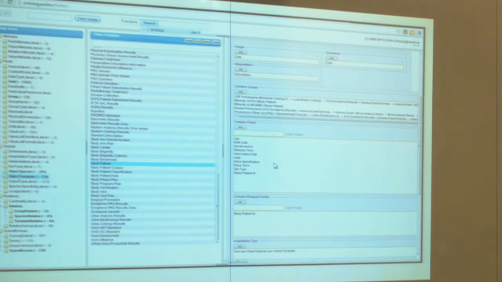To show you something concrete, here are some screenshots. This is how the actual interface of the ontology editor looks.